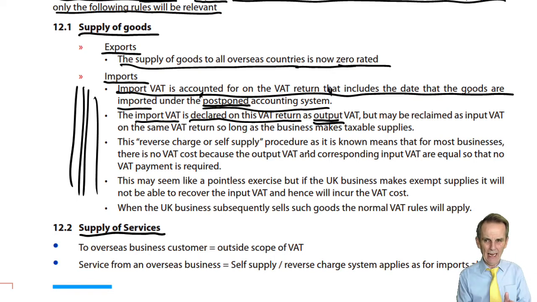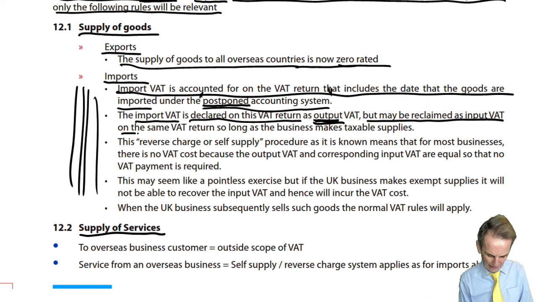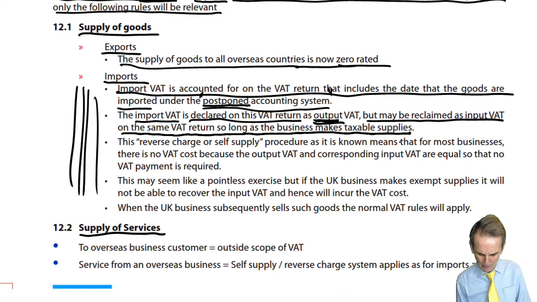So the output VAT is going to go on to that VAT return. But that figure may then be reclaimed as input VAT on the same VAT return, so long as the business makes taxable supplies.